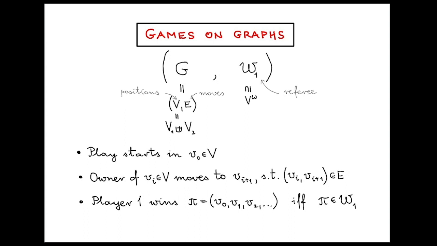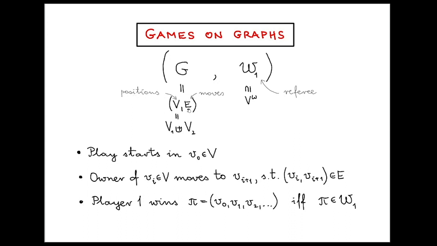These two players play on a graph, and they interact in a very simple way. Namely, they pick edges, and who picks the next edge to follow depends on who is the owner of the current vertex. The vertices in this graph often will be referred to as positions.